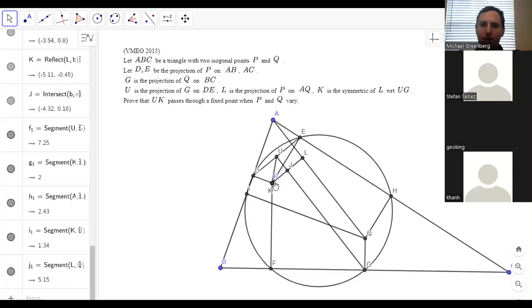So then the fixed one is the orthocenter of ABC. Yeah, I think it's obvious that K and L are reflections across UG because it's well known that AK is twice QG, right? I think it follows from that. So this strategy also works if we don't use GeoGebra. So we did not cheat, but we found the point.